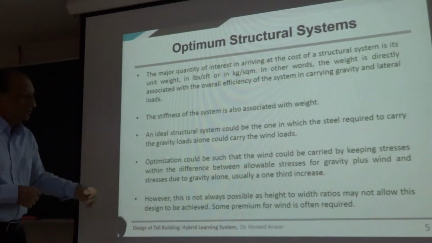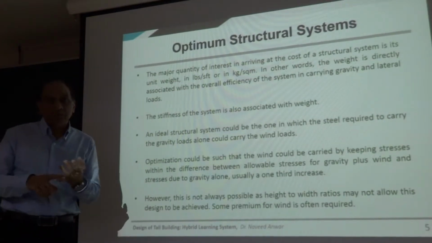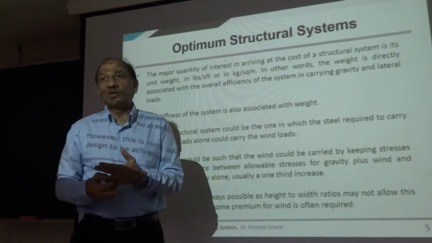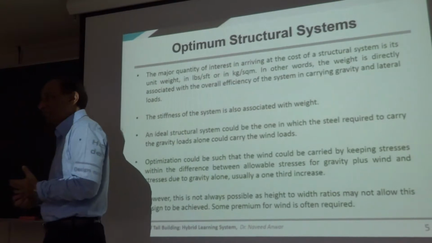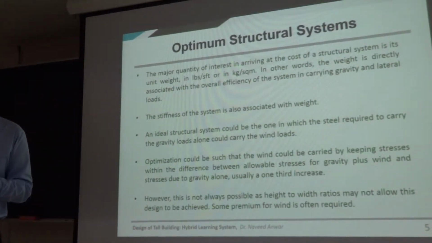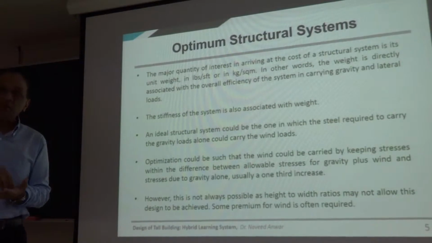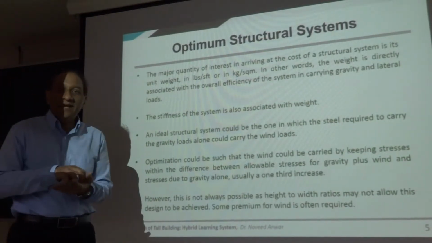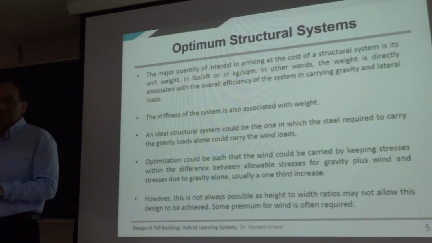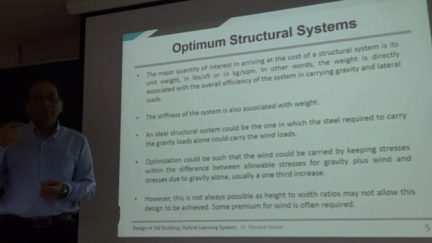So these are the concepts that you have to consider. Number one, have to keep the quantities of the weight minimum, which will reduce the cost, which will also reduce the mass, which will also reduce the forces, which will also reduce the reinforcement. It's a cycle. So we need to keep the mass low and need to keep the weight of the things low. Secondly, the premium for lateral loads should be minimal.